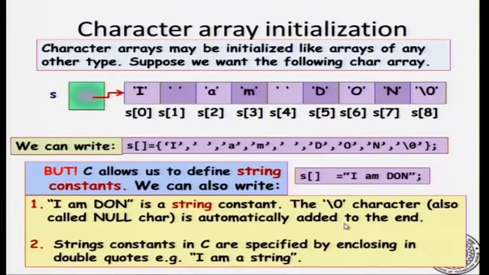I want you to note this difference: here we explicitly gave a null character at the end, here you do not have to give that. C string constants are specified by enclosing some text within double quotes. For example, I am a string within double quotes.